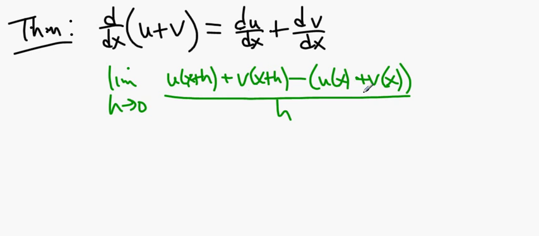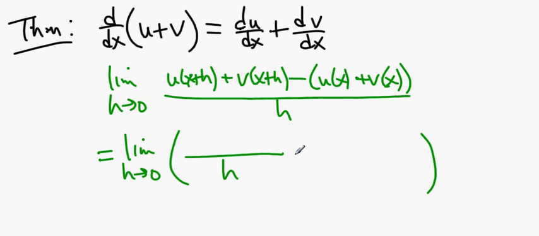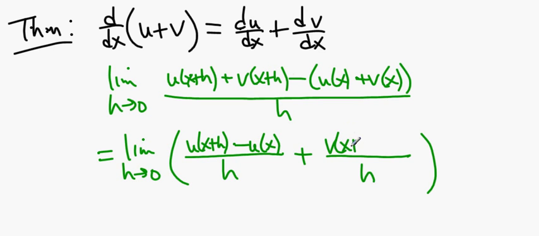So let's rewrite it in the following way. I can break this up into two fractions, where on the left I've got u of x plus h minus u of x, and on the right I've got v of x plus h minus v of x.